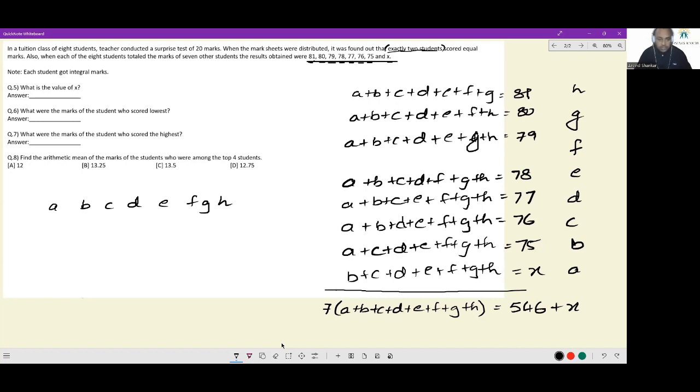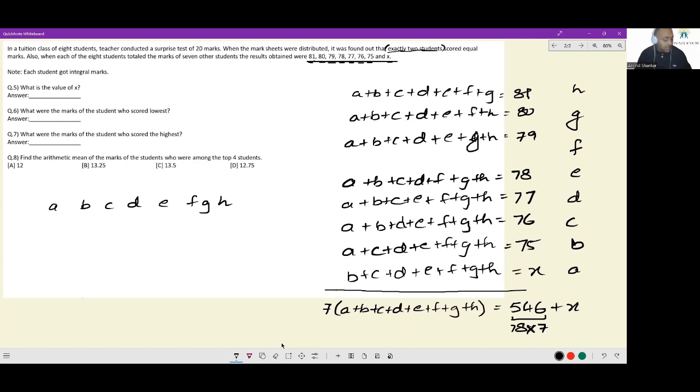Now, the LHS is telling me that the summation has to be a multiple of 7. 546 is also a multiple of 7. In fact, it is 78 into 7. If LHS is a multiple of 7, RHS has to be a multiple of 7.